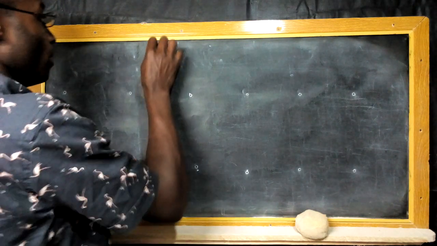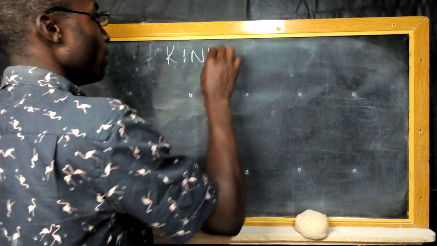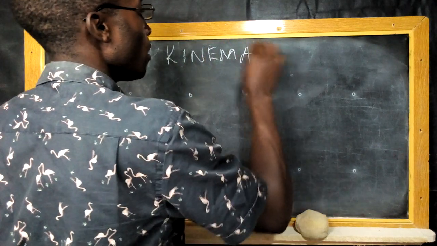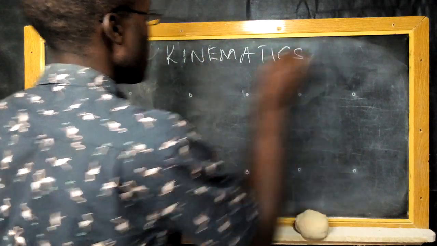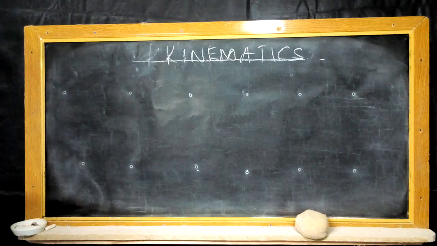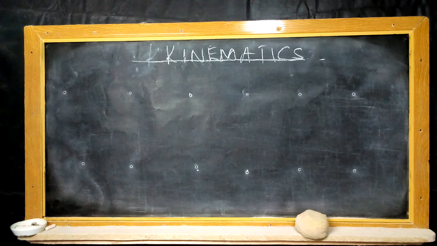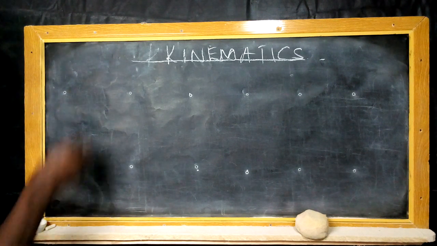So as we have said, we are going to look at a branch of physics that deals with motion, which goes by the name kinematics. Kinematics is a branch of physics that entails the study of motion.